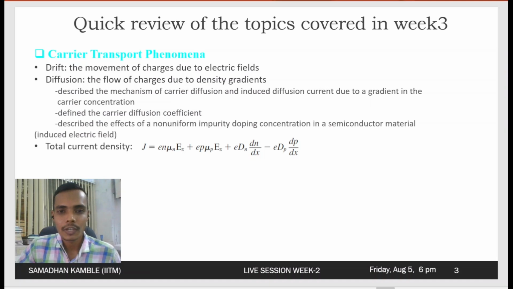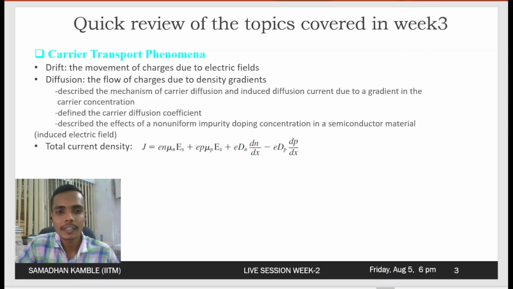Knowledge of the densities of these charged particles, the carrier densities, is important towards an understanding of the electrical properties of our semiconductor material. The net flow of electrons and holes in a semiconductor will generate currents, and the process by which these charged particles move is called transport.